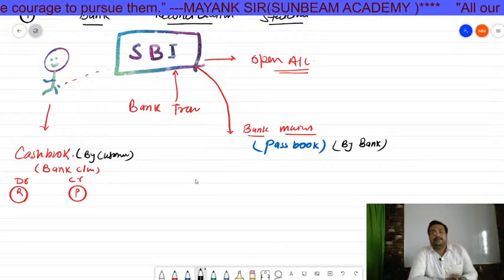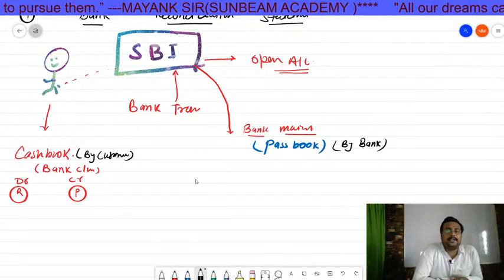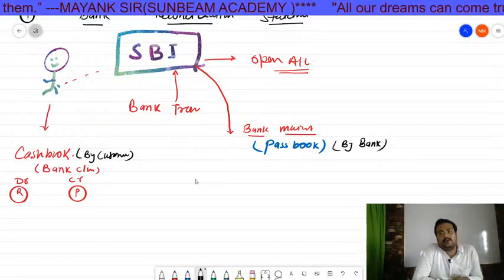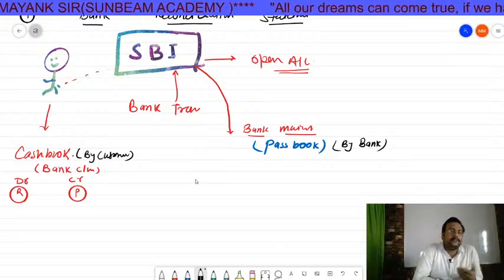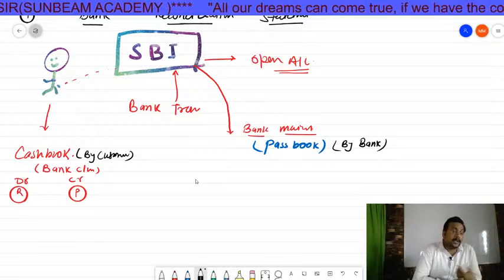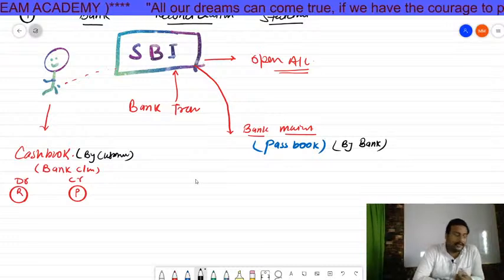Okay bachcha, so please keep this particular point in your mind: the cash book is prepared by the customer and the passbook is prepared by the bank. Sometimes it happens that there is a difference between the cash book and the passbook. Is it possible or not that sometimes what we record will be totally different from the passbook? Something is recorded in the passbook but we are not aware of that and we have not recorded it, and because of that differences come.